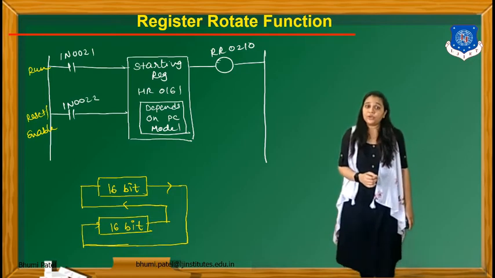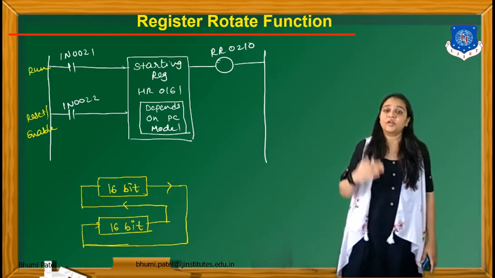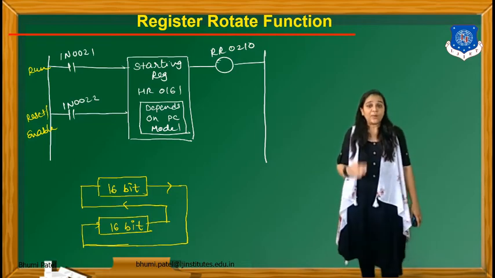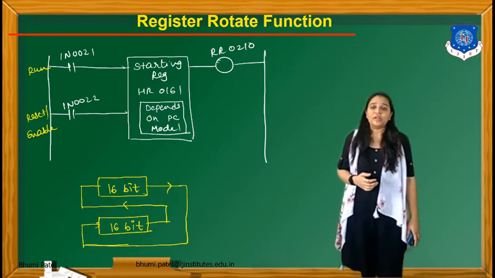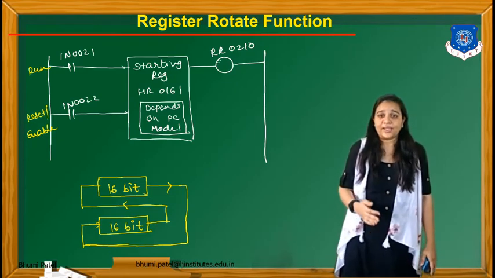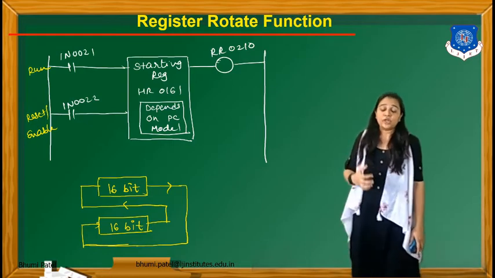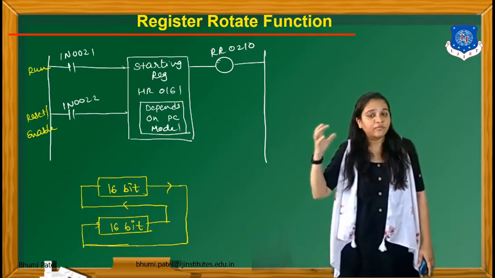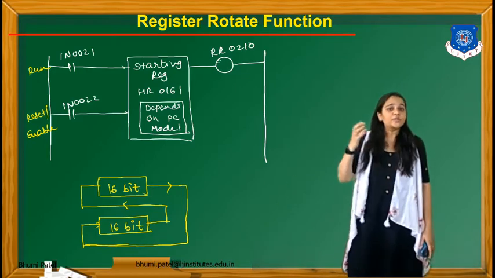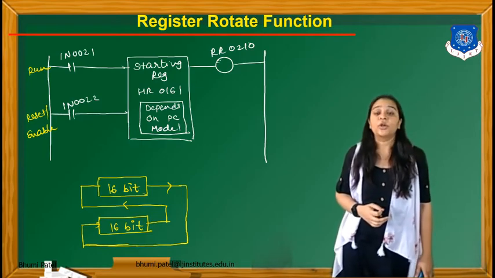We can also use the shift right register or the shift left register for this function, but the number of rungs would be greater, so instead we use the register rotate function. If we have to transfer multiple bits from one location to another, from source to destination, we use the register rotate function.